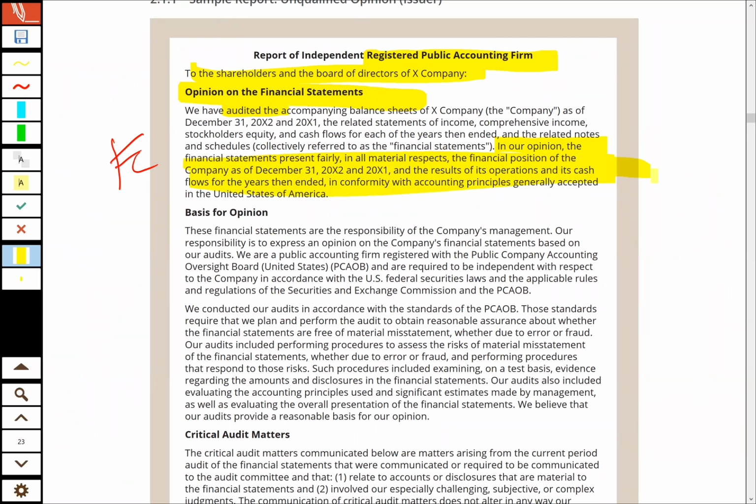Meet the requirements of U.S. Generally Accepted Accounting Principles, and we call out the financial position, the results of operations, income statement, etc. Okay, so we have sort of a combined intro and then opinion paragraph, but notice we start out with the opinion. Okay, then we come over to the basis for our opinion flashcard. That is sort of like the auditor responsibility paragraph.